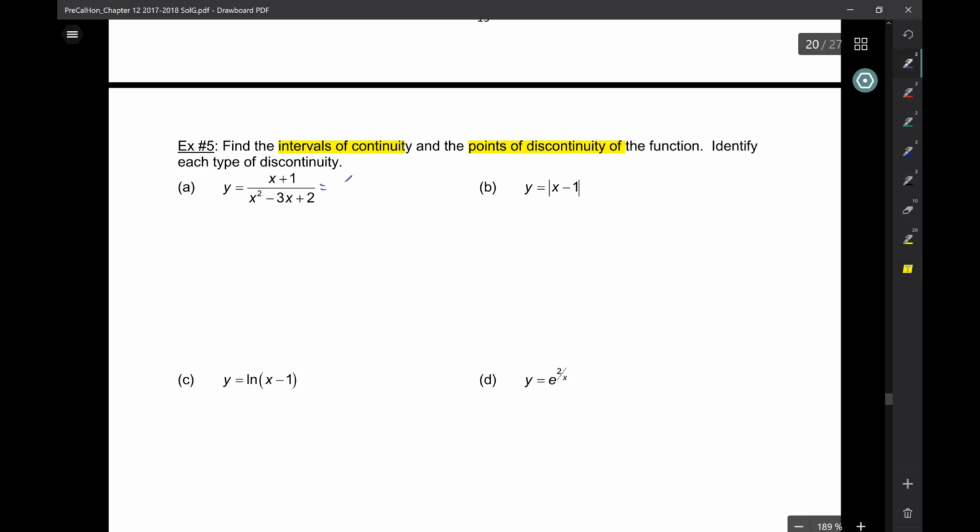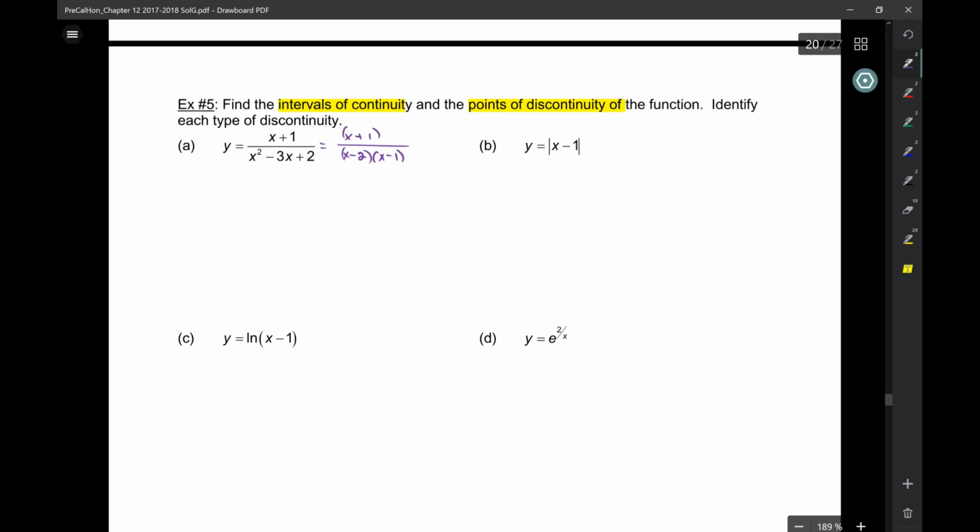This one, when we factor, will be x minus 2, x minus 1 on the bottom. So I have vertical asymptotes at 2 and 1, correct? At x equals 1 and x equals 2. So if I look at a number line, this is 1 and this is 2.